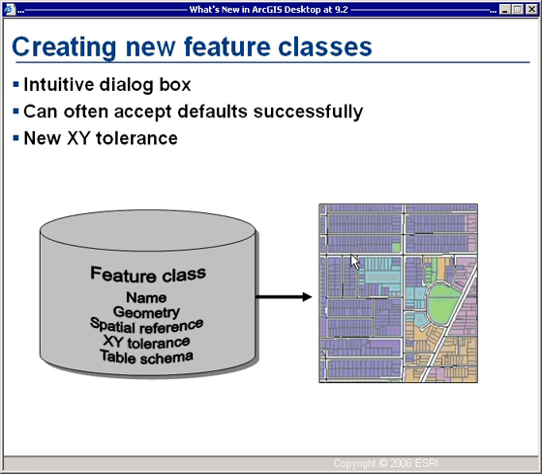So you will notice that the Create New Feature class dialog has changed. I found that it's a lot more intuitive and that it can accept the defaults in a lot of cases. Something we all do when we're creating a feature class is forget to change that default geometry from polygon. As well, forget to change the spatial reference.